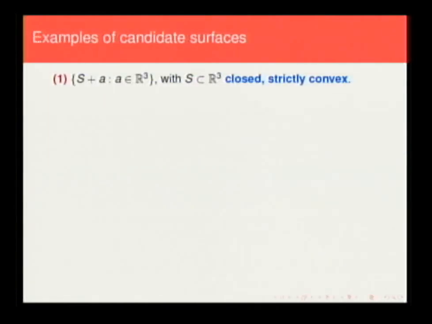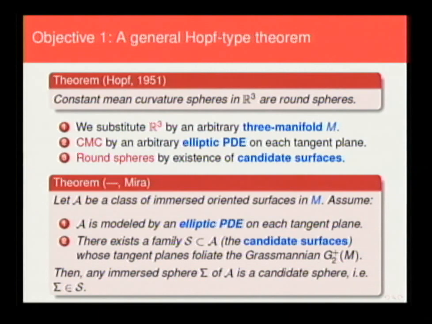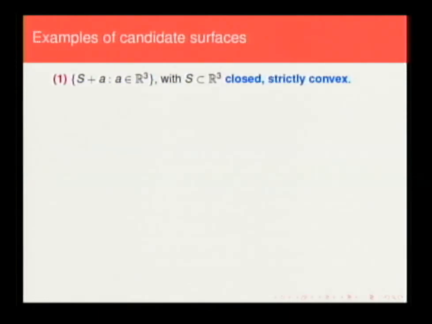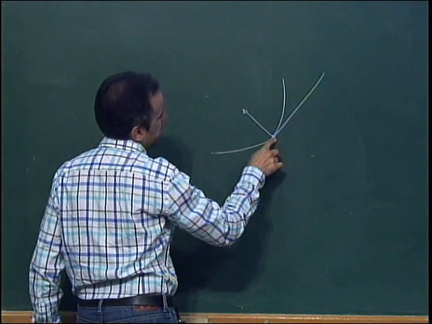In order to understand what this means of candidate surfaces, I'm going to give some examples. In R3, in order to be a candidate family, we need that for every oriented plane, one element of the candidate family is tangent to that plane, and only one.